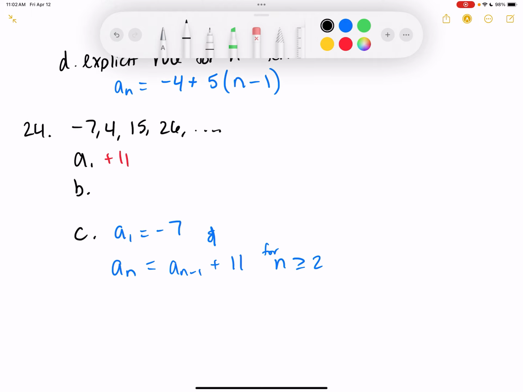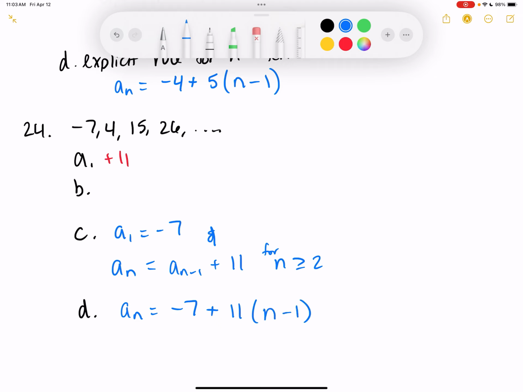And then what about writing it explicitly? a sub n equals -7 plus 11 times n minus 1. Yep.